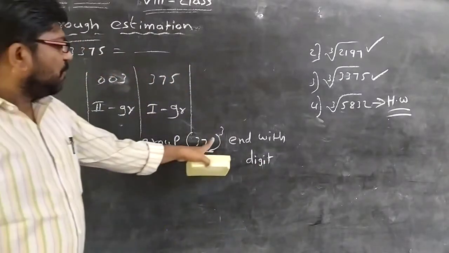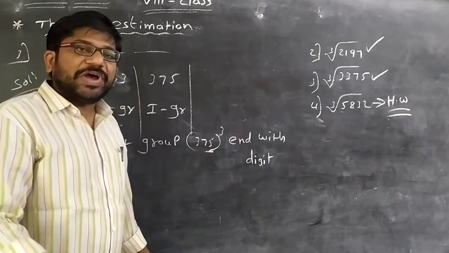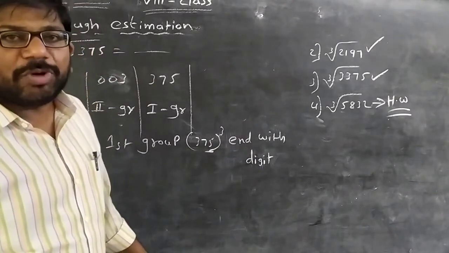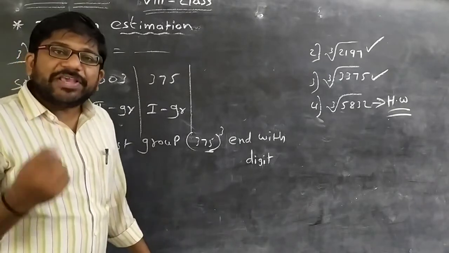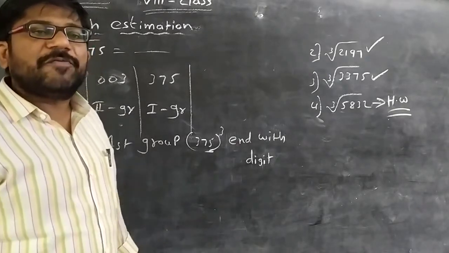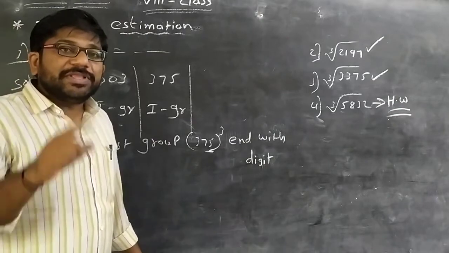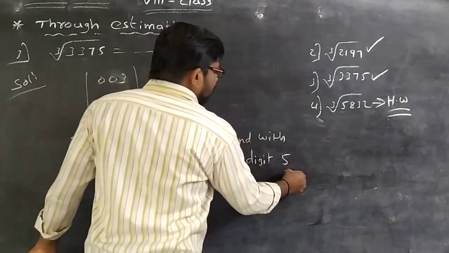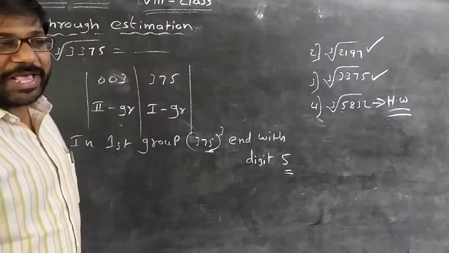The units place. 5 cube is 5 into 5 into 5: 5 square is 25, and 25 times 5 is 125. So 5 square, 5 cube, 5 power 4, 5 to any power ends with digit 5 only. Right? Digit 5 comes in the units place.